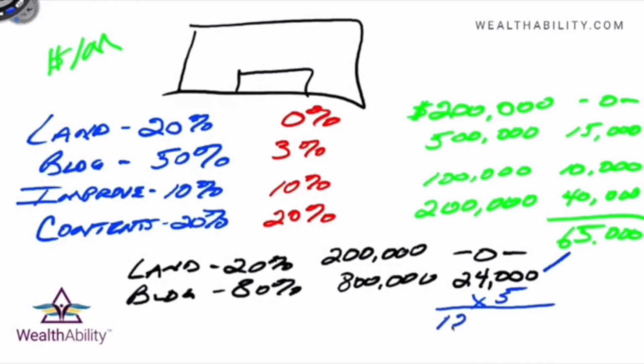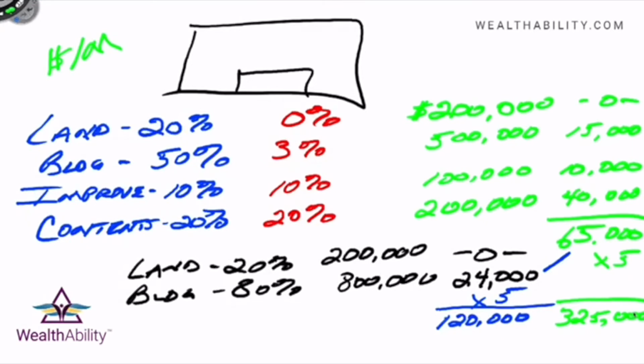So I've taken $120,000 of depreciation. What I should have taken is 5 years of $65,000. So what I should have taken is $325,000.